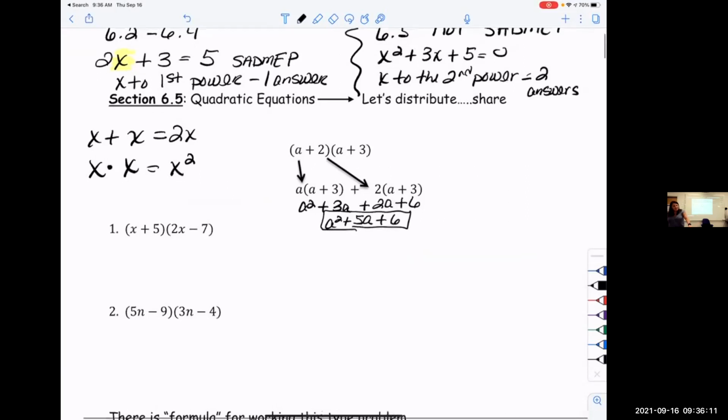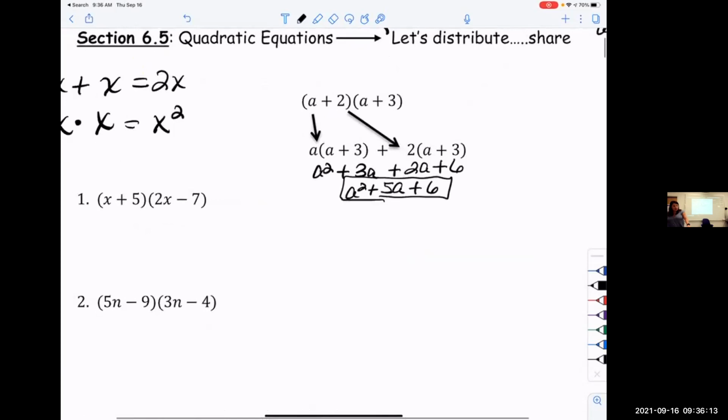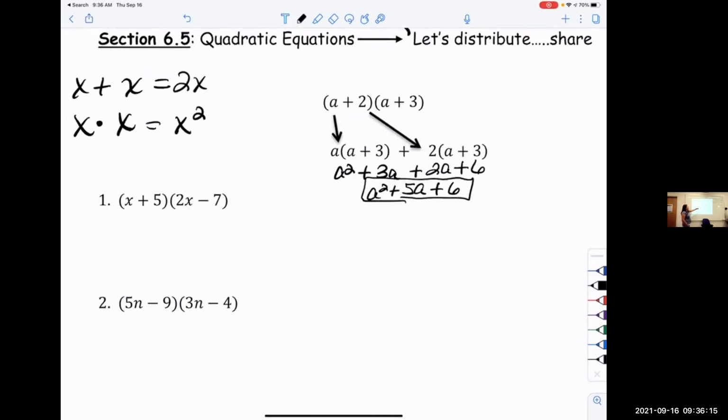All right, so we come up with a quadratic trinomial. Quadratic just means the highest exponent is a 2, and trinomial means 1, 2, 3 terms. Quadratic because squared.